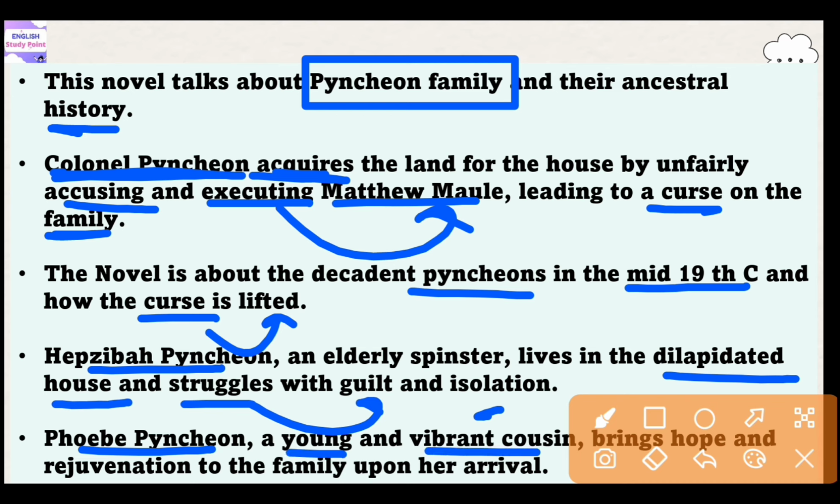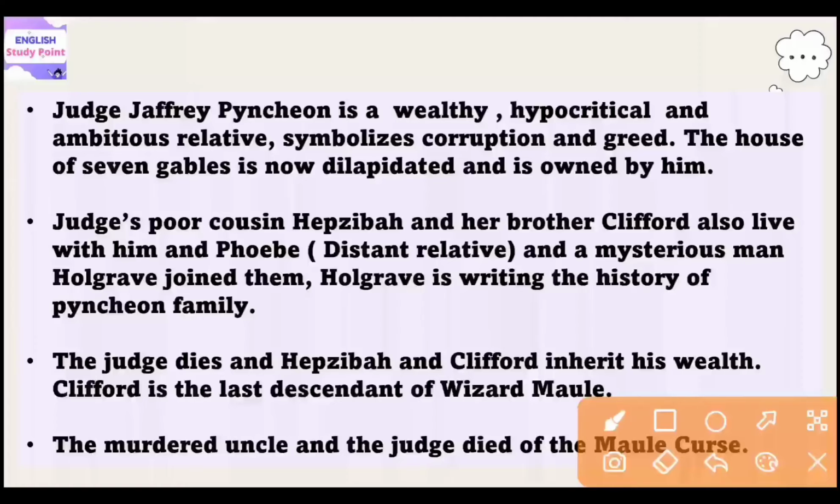She tries to bring hope and rejuvenation to the family upon her arrival. In a way, she becomes a ray of light in the dark and gloomy house, and also acts as a catalyst for change and transformation within the household. She represents innocence, purity, and the possibility of breaking free from the curse that haunts the family.